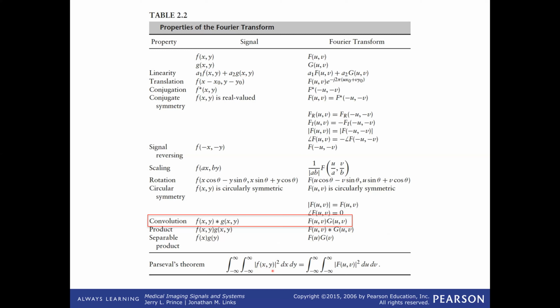So I get a number. That's how much stuff I have in my XY plane. And you ask, well, how much stuff am I going to have in my Fourier domain for that much stuff? And it turns out that those two things are equal. When you integrate the amount of stuff in the Fourier space, it's the same amount of stuff as in the space, which makes sense. You can't have a whole bunch of image over here and then just nothing in the Fourier space. It's not going to work.